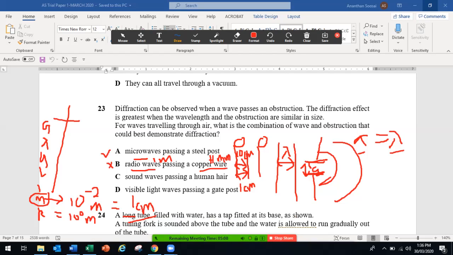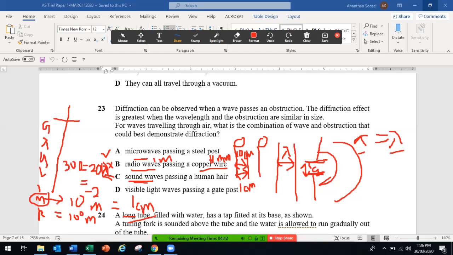Look at C. What is the wavelength of sound wave? Sound wave, what is the speed? 300 something. Frequency of sound wave, we can sense from 20 to 20,000. You put 20. What is the wavelength you get?